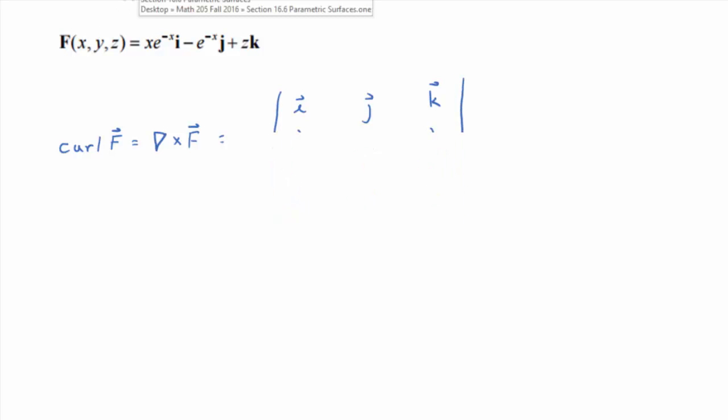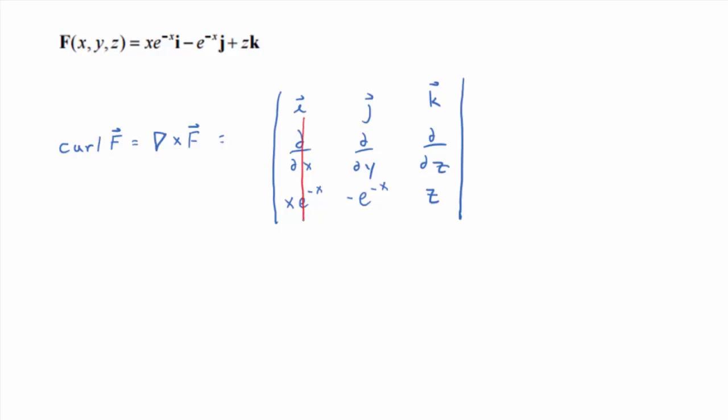Now, it's not a true cross product, right? Because instead of actually multiplying, we're taking derivatives, but it looks the same, and so we use this as a mnemonic device, right?